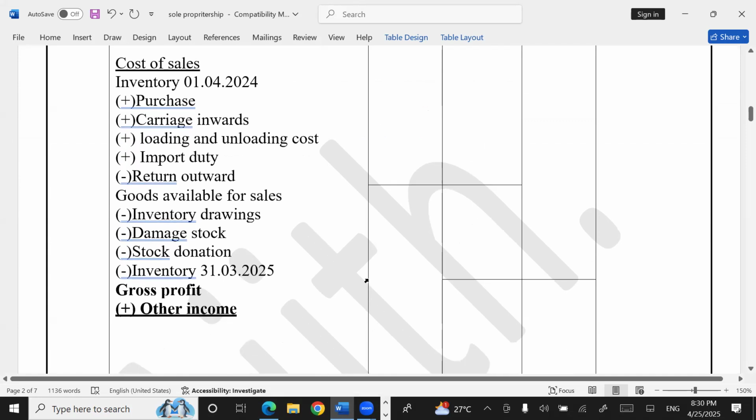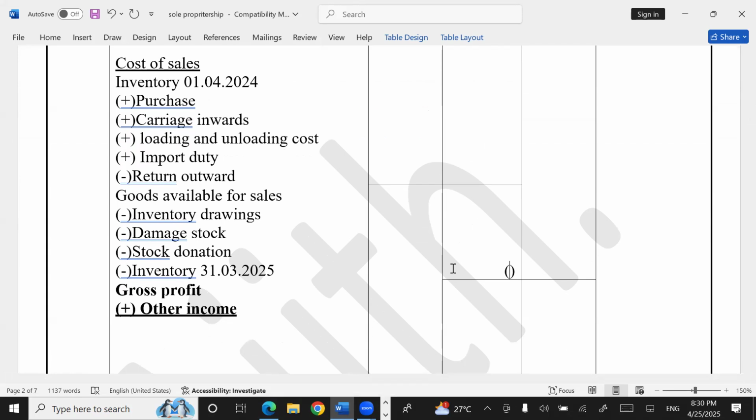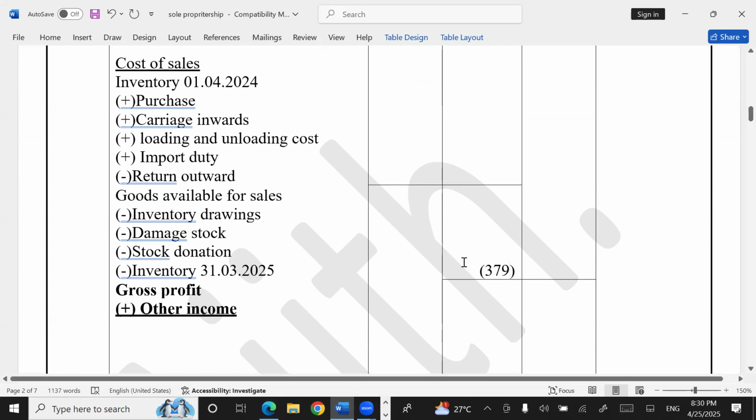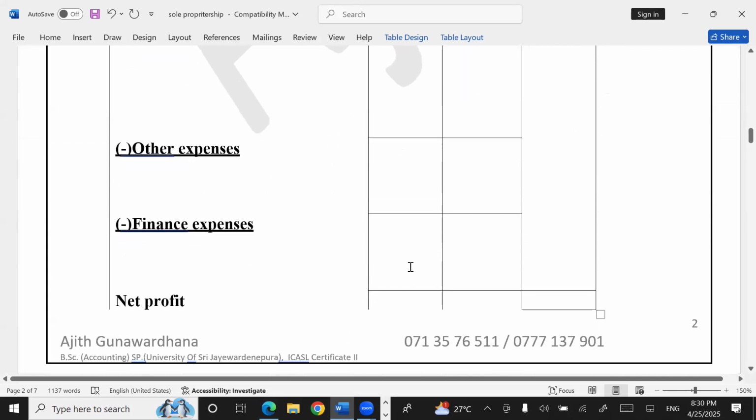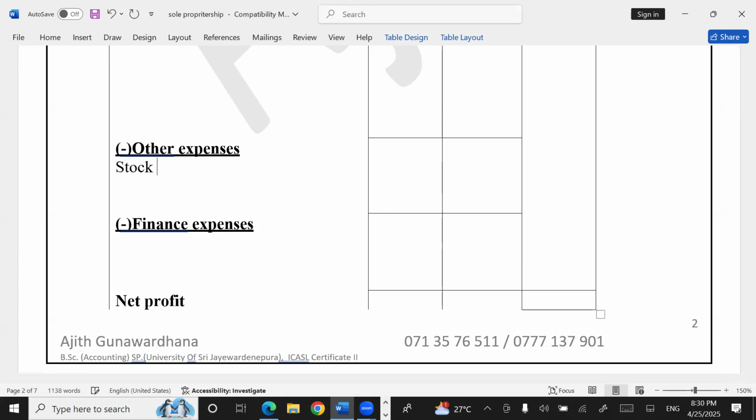And the inventory closing stock should be recorded under cost of sales calculation at cost value. Cost of inventory equals 379. Cost value equals 379. Second column. And stock written off as other expense. Stock written off, expense should be recorded 5 million.